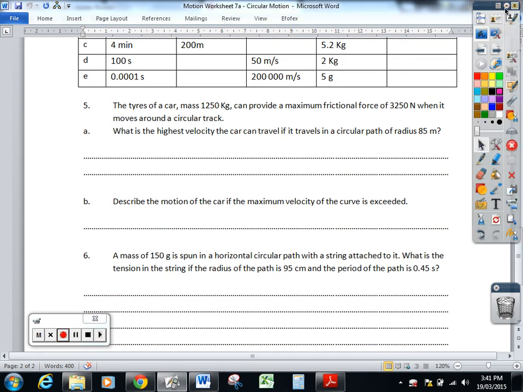Okay, let's start with 5 and 6. These are just compound questions using the whole things that we've learnt there. In all these cases here, we've got the mass. This is the maximal frictional force, so that will be the maximum circular force. That's the maximum Fc.